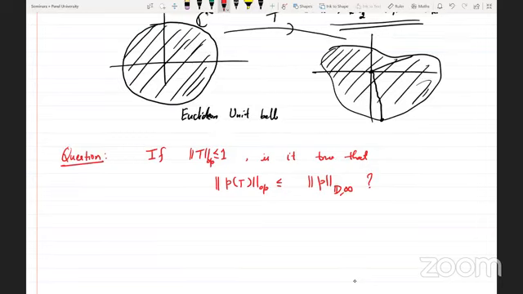Actually, the answer to this question is yes, but let's first look at some specific case, because why would somebody ask this question? Why ask this question, right? So let me first say why to ask this question.